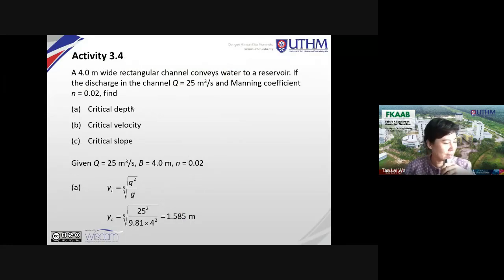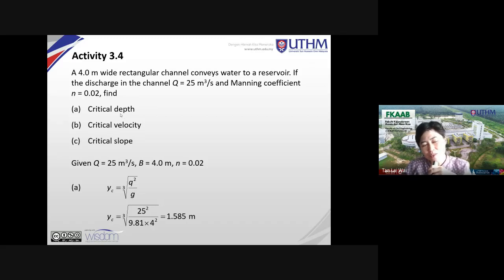Now let's look at this activity 3.4, because I think I've assigned Fatin, Abu, and Mafira for activity 3.5. This activity 3.4 is about a rectangular channel.